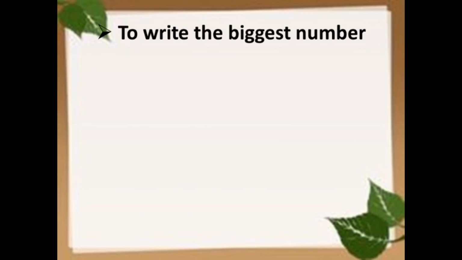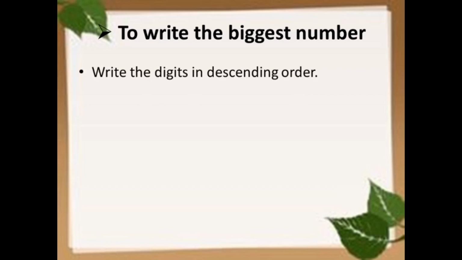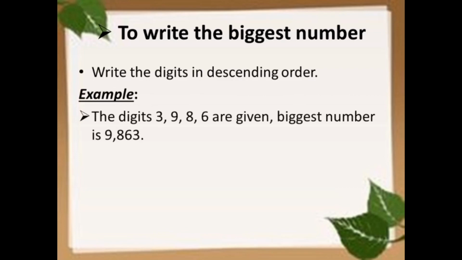Next is to write the biggest number, and for writing the biggest number, students, you have to write the digits in descending order. For example, in the first example, if the digits are 3, 9, 8 and 6, then on arranging these digits in descending order, we will get our biggest number as 9863.